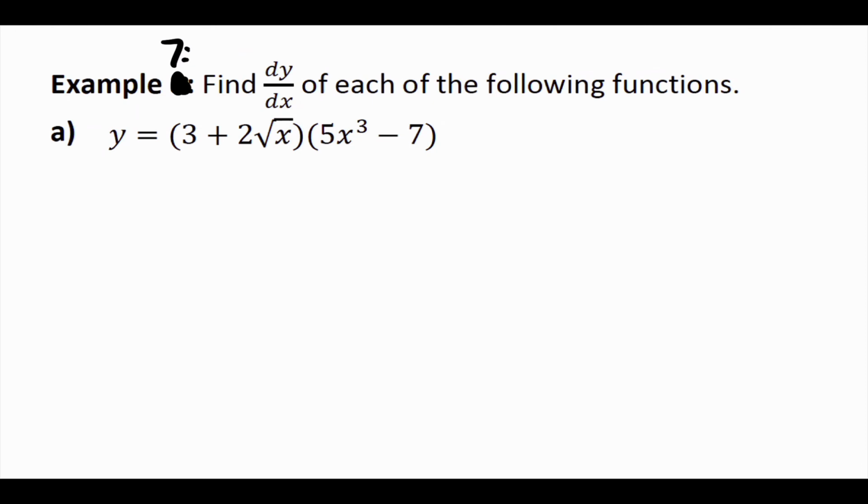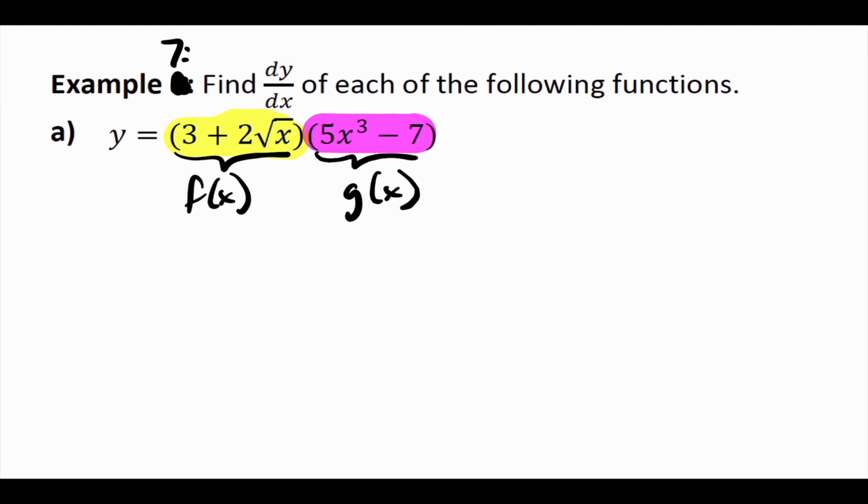Okay, so the first guy I'm going to call f of x, sorry, f of x. And then I'm going to call this guy g of x. I'm multiplying them together. F of x, 3 is a constant, right? Okay. What's the power for x with 2?